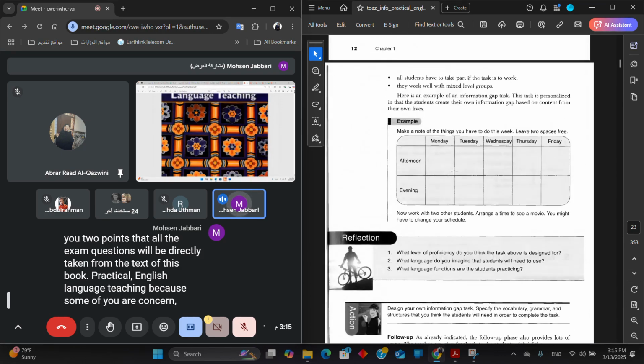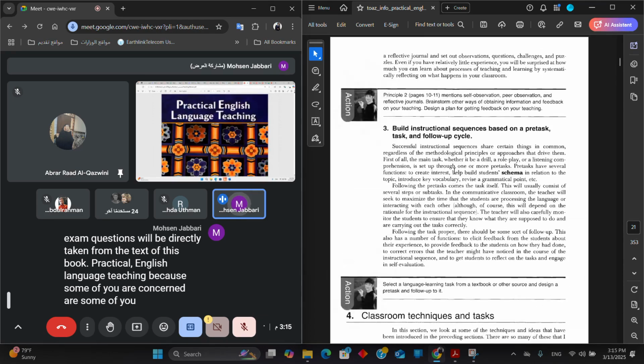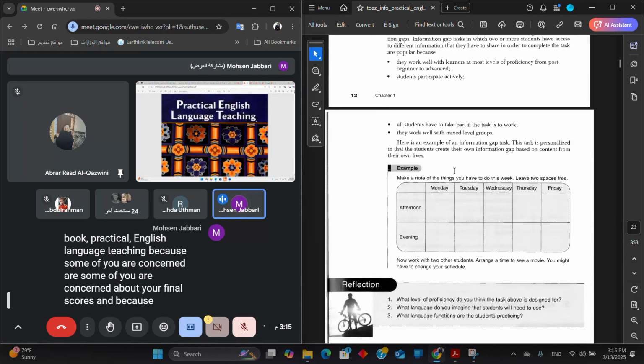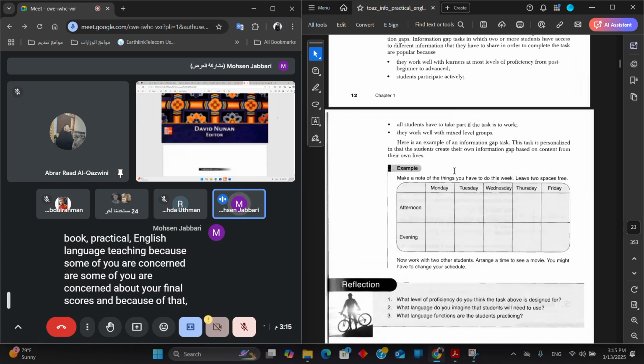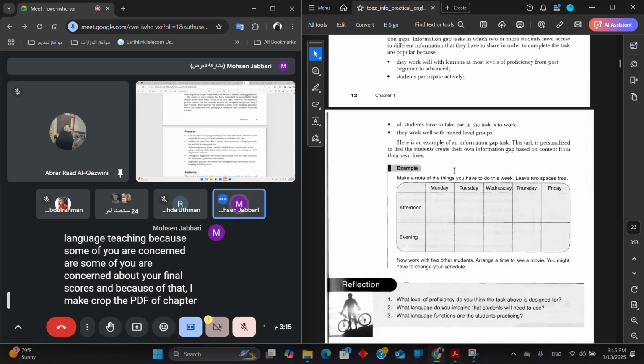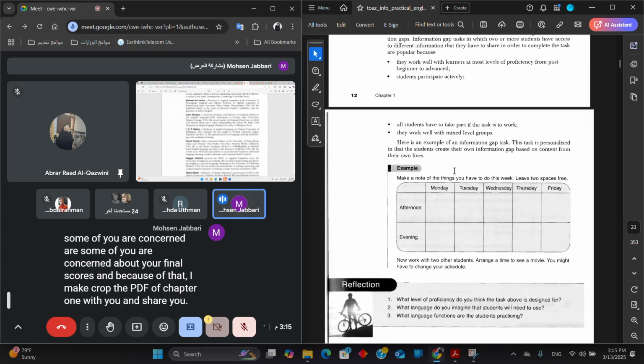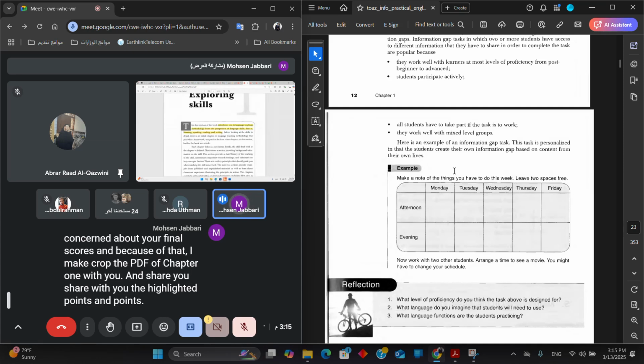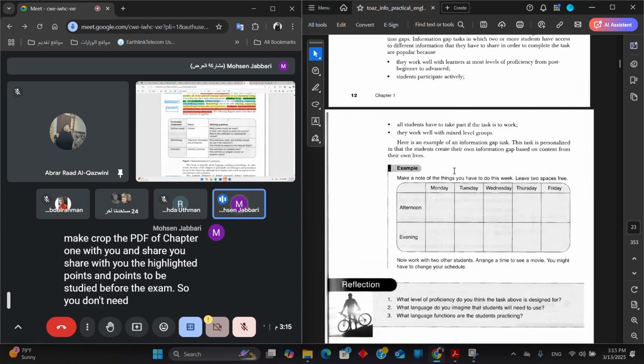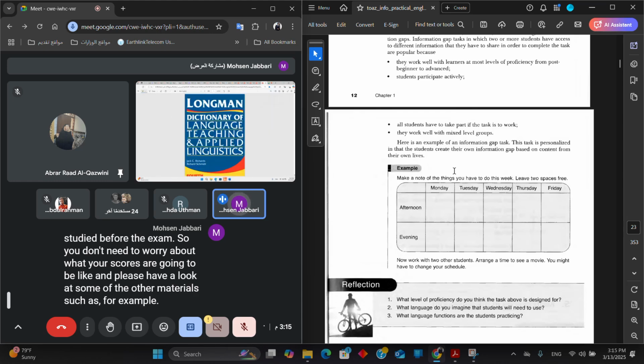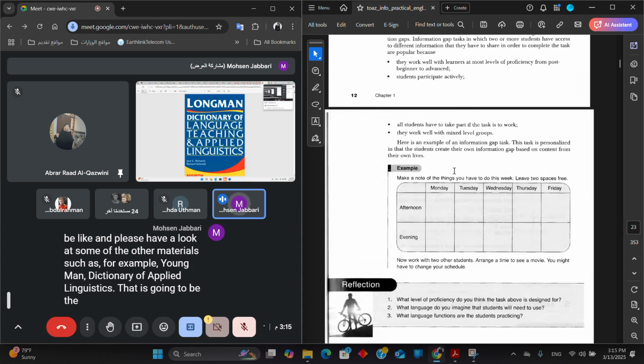Because some of you are concerned about your final scores, I may crop the PDF of chapter one and share with you the highlighted points to be studied before the exam, so you don't need to worry about what your scores are going to be like. And please have a look at some of the other materials, such as, for example, Longman Dictionary of Applied Linguistics. That is pretty much it.